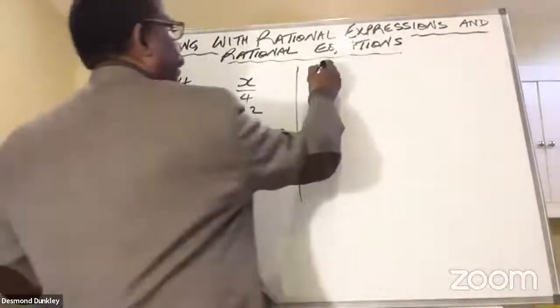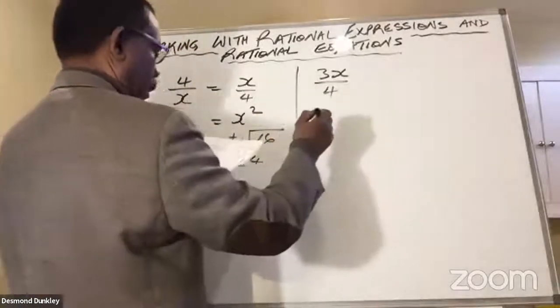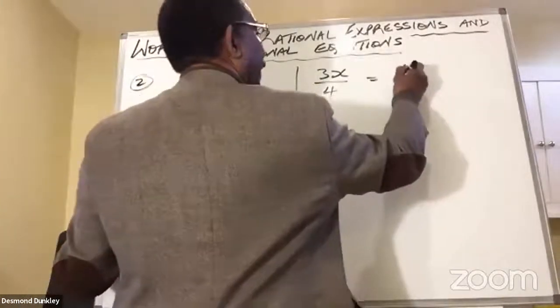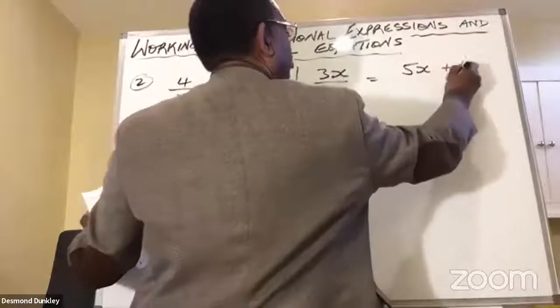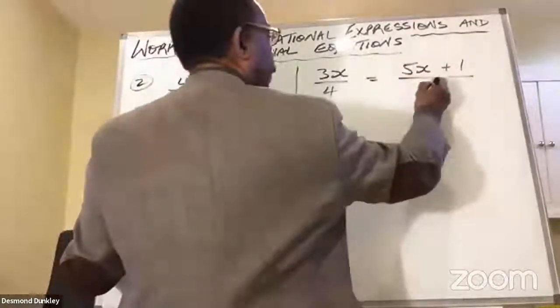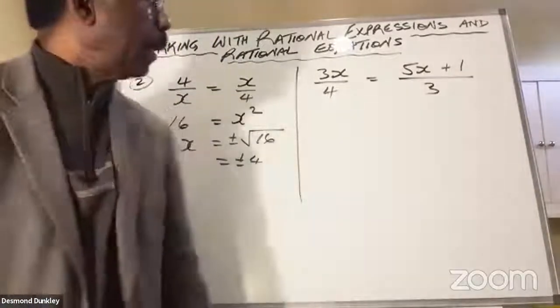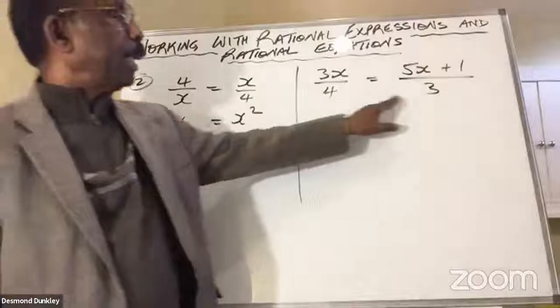Let's try another one. 3x over 4 equal to 5x plus 1 over 3. Okay, so what's the common denominator?